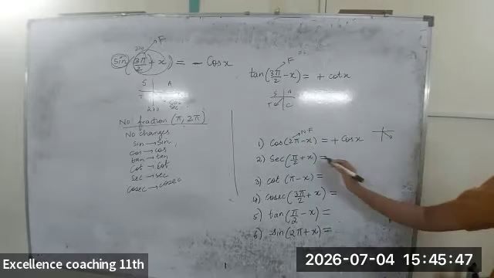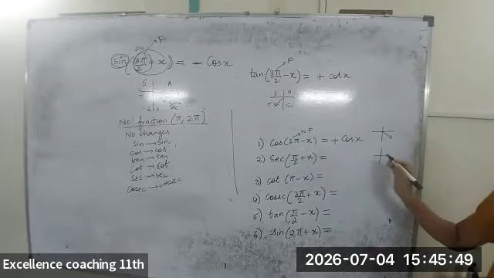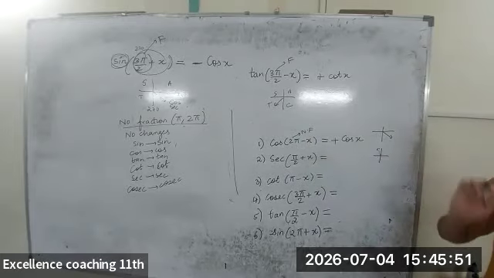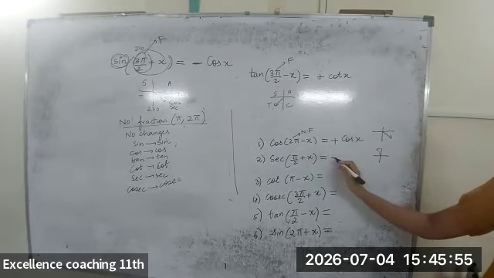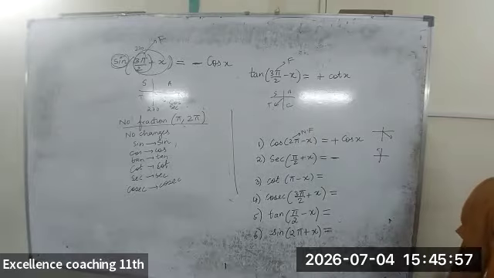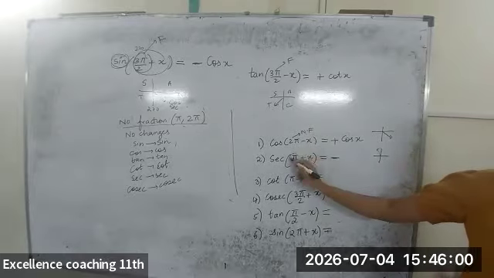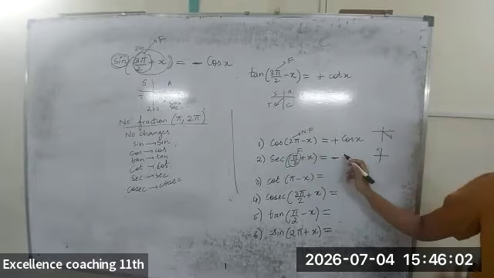Second one, pi by 2 plus x, something more than 90 degrees. In this, you know that only sine and cosec are positive in the second quadrant, so this will be negative. It is a fraction, so sec will become.